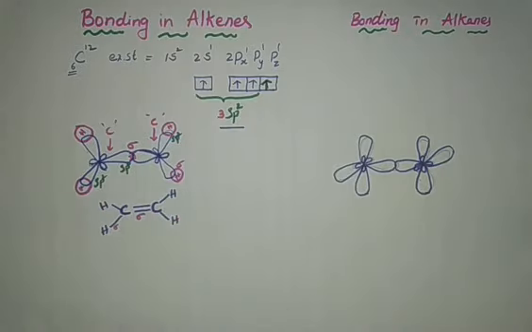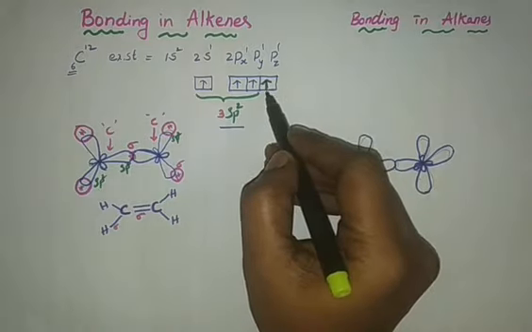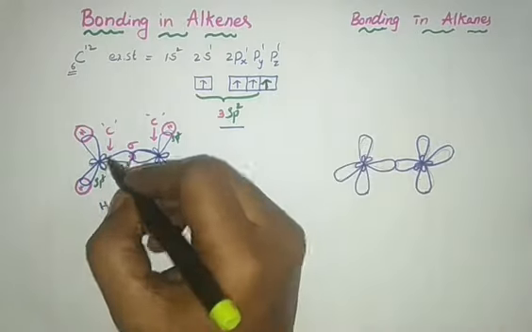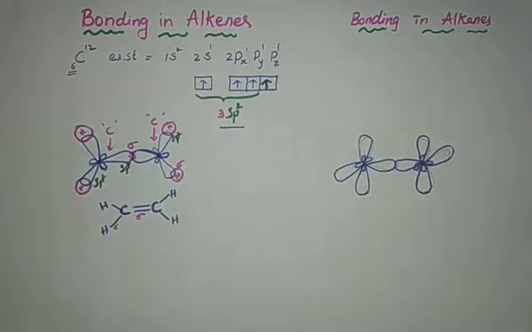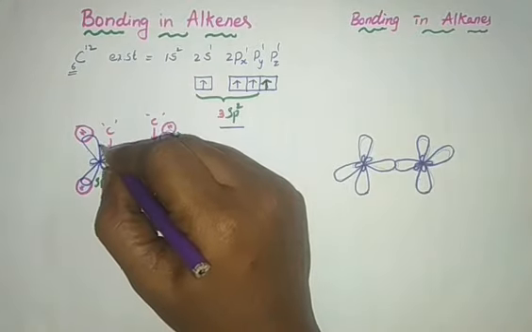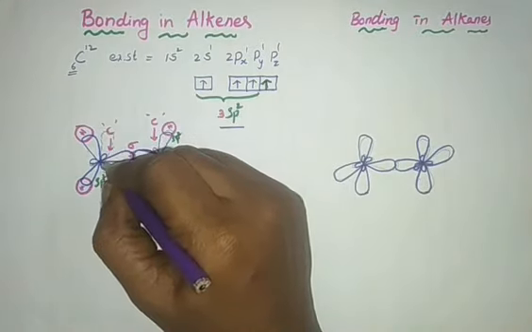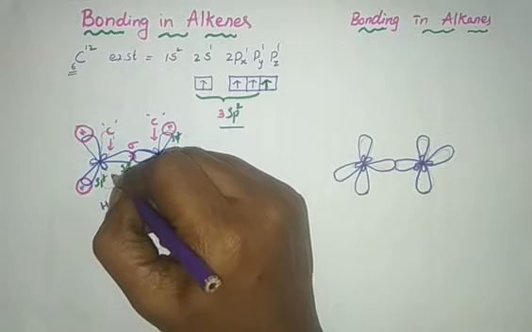Now, there is an unhybridized orbital. What is an unhybridized orbital? This is my unhybridized p orbital. So, that I can represent here. Let me write an unhybridized orbital over here.